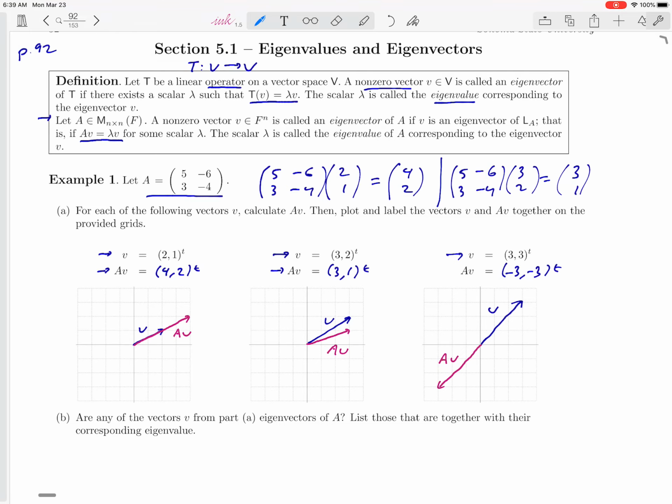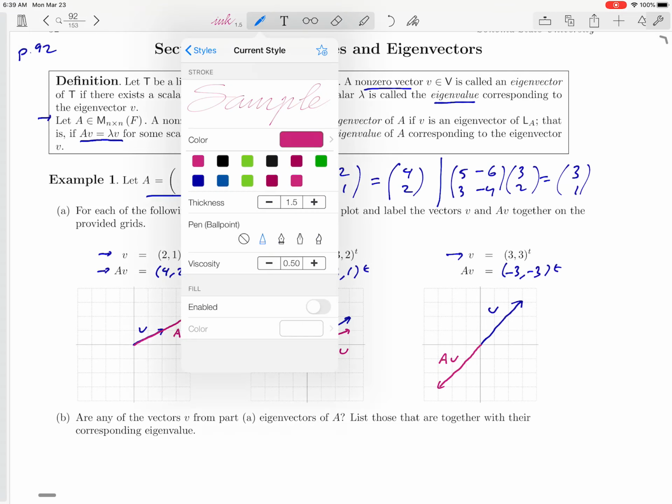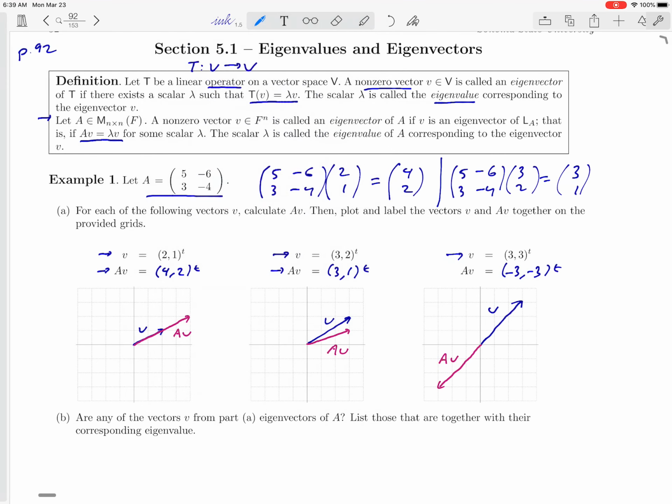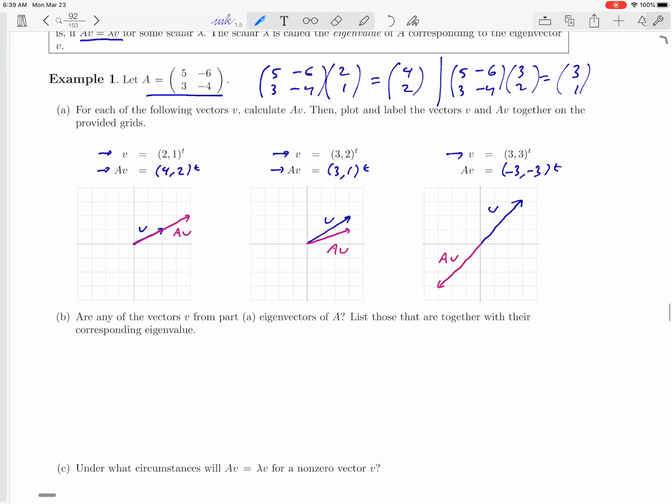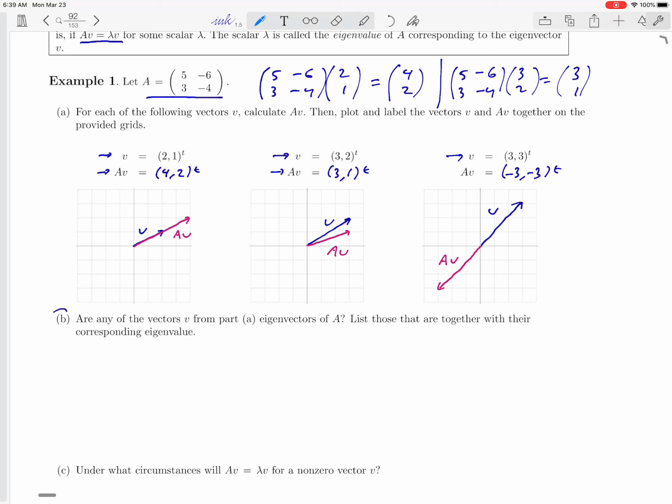Now we come to the question in part B. Are any of the vectors v from part A eigenvectors of A? Let's recall together what the definition of an eigenvector was.